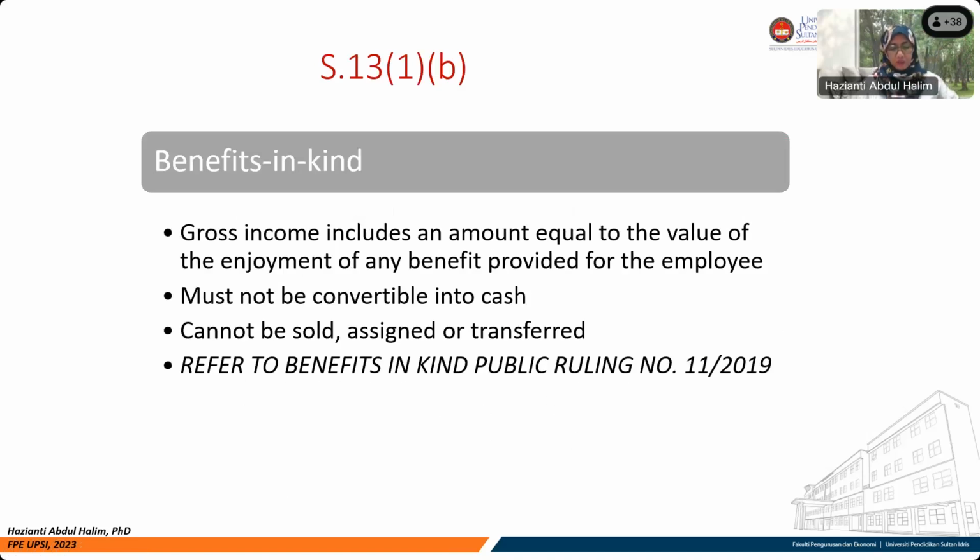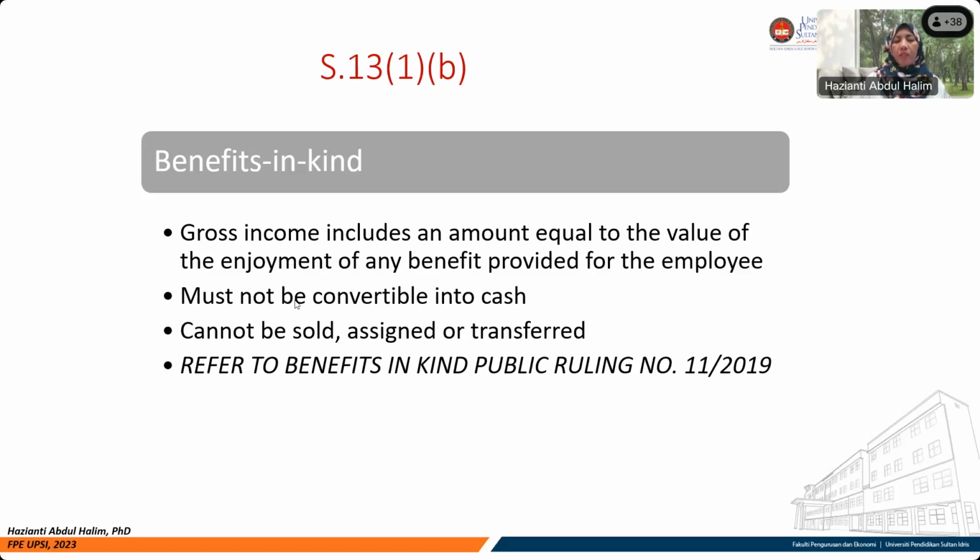Alright, section 31B. Earlier 31A was all monetary, all cash. Section 31B, B is benefits in kind. BIK, so benefit income. Benefit in kind is in the form of goods, not cash. So gross income will include an amount equal to the value of the enjoyment of any benefit provided for the employee.